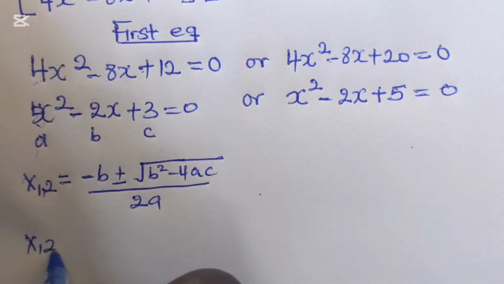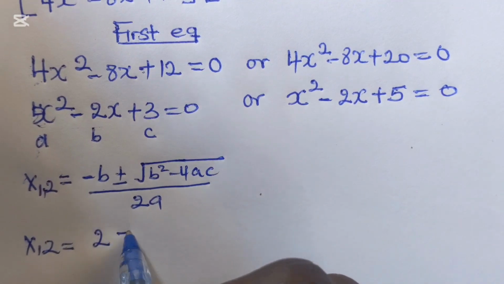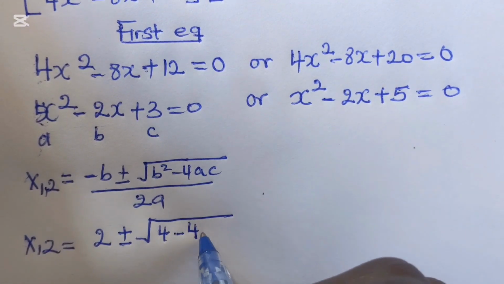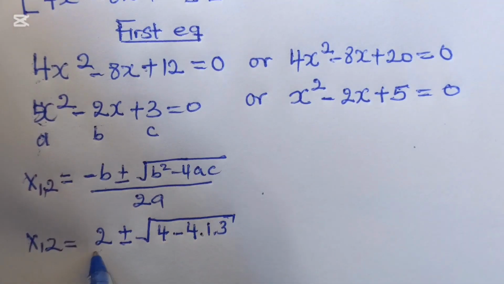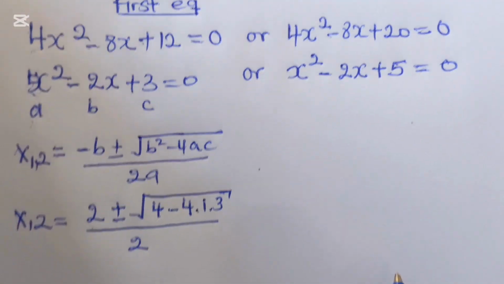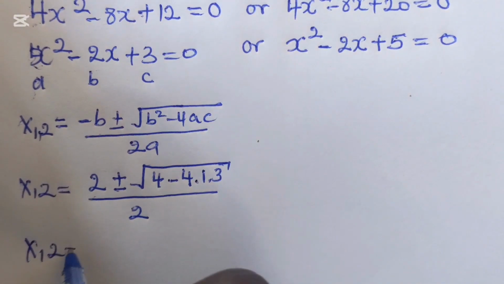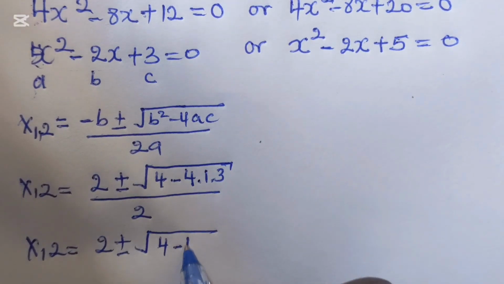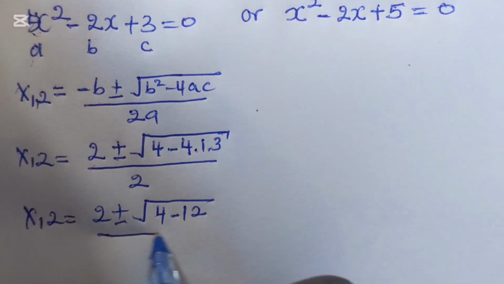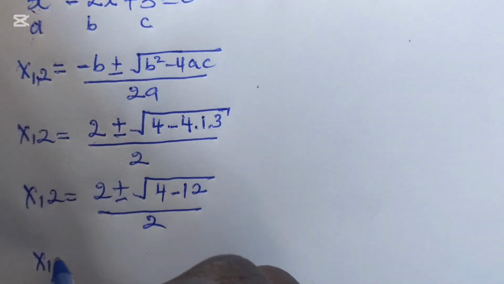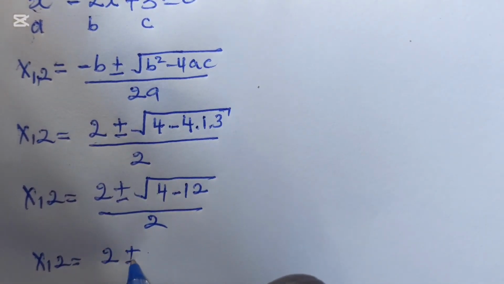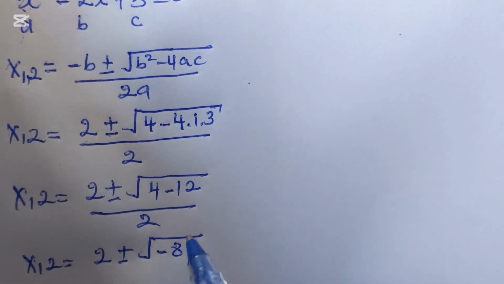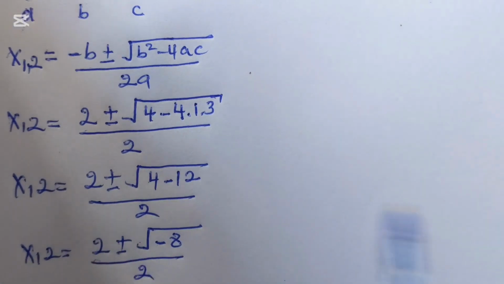Then x1,2 = (2 ± square root of 4 - 4 times 1 times 3) over 2, so that our x1,2 = (2 ± square root of 4 - 12) over 2. Then x1,2 = (2 ± square root of -8) over 2.